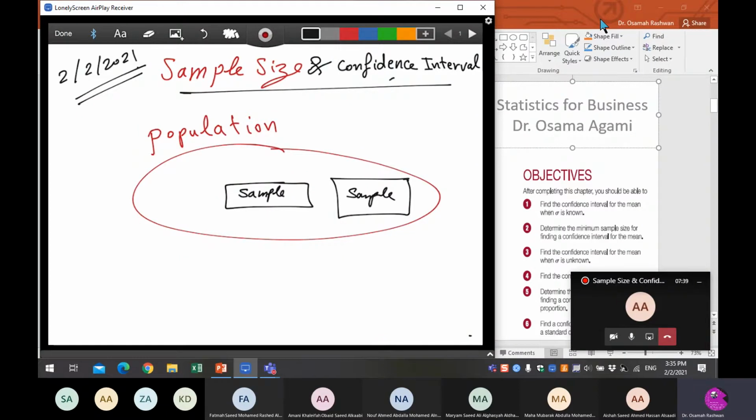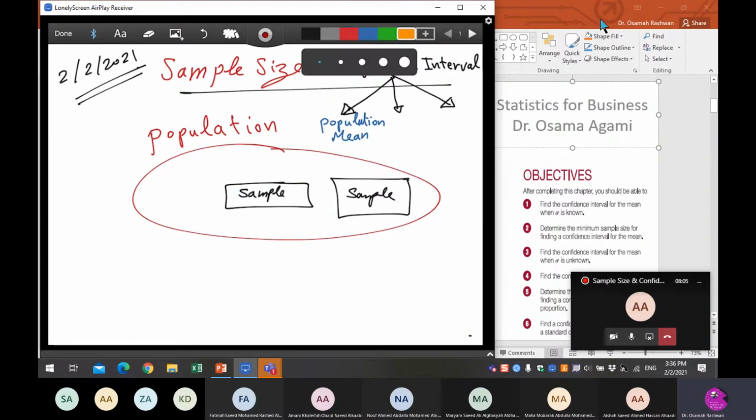Confidence interval for what? We will go for three things. We will go for the confidence interval for the mean, I mean the population mean. Also we will go for the proportion, or population proportion.